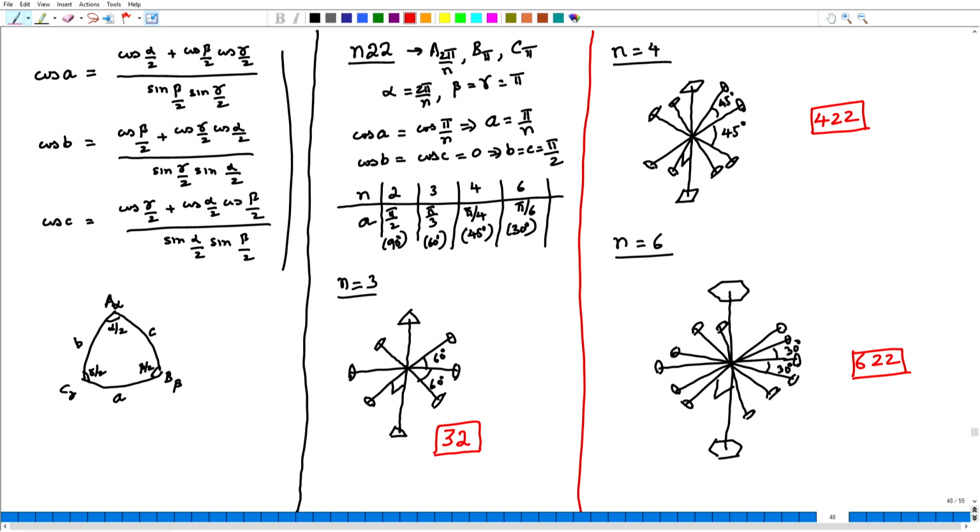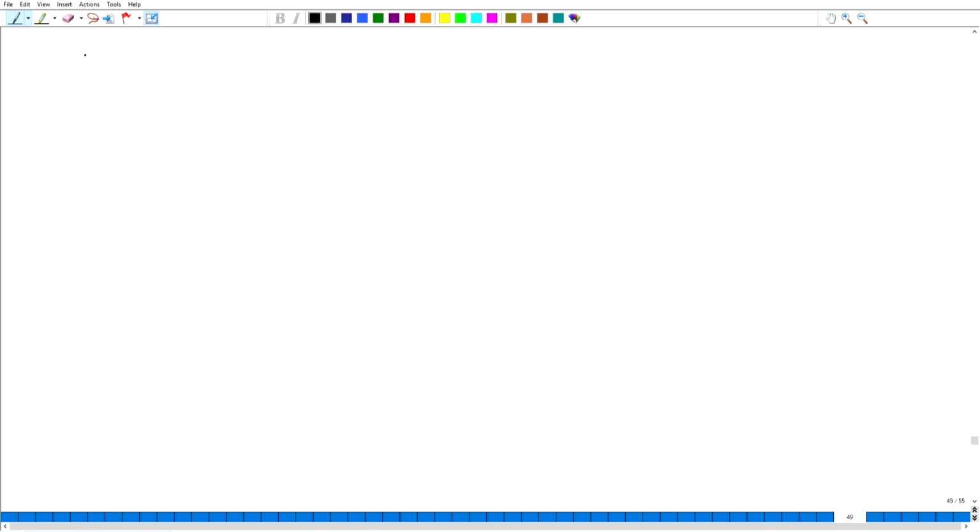Let us try a combination of three axes, like the 6 4 2 combination. So, I have a six-fold rotation axis, a four-fold rotation axis and a two-fold rotation axis. Again, I have basically A as 2 pi by 6, B as 2 pi by 4 and C as pi.